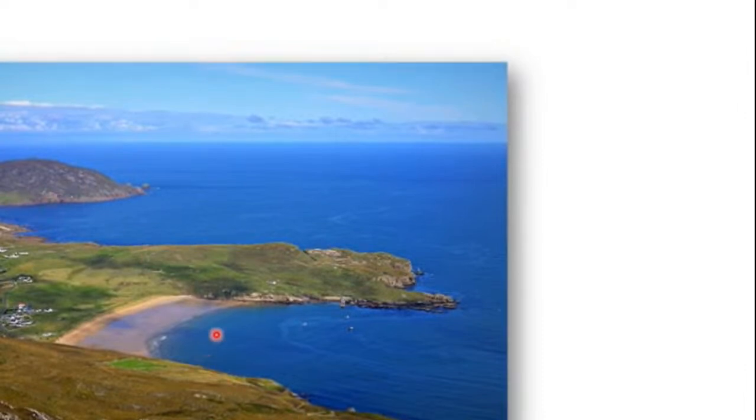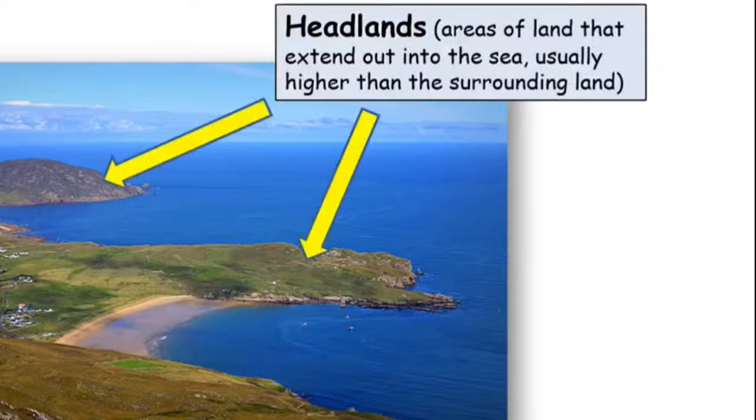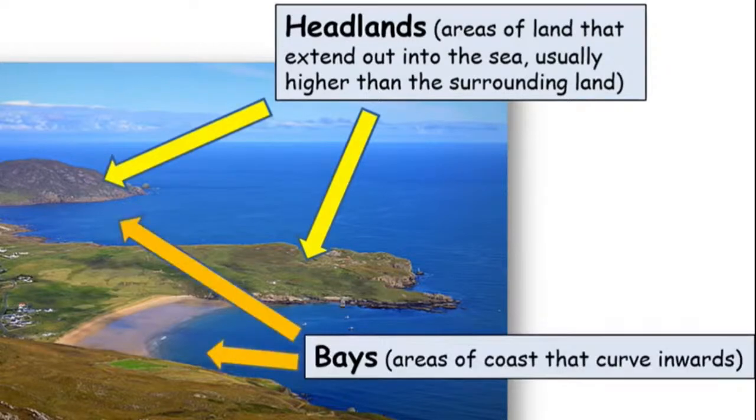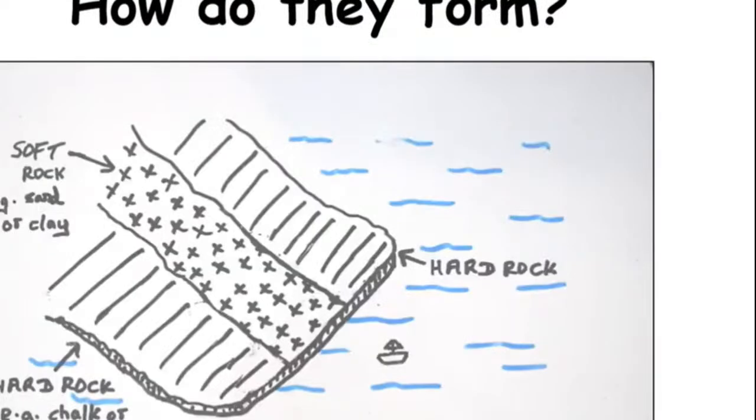So the projection in the middle is our headland, and the water extension to the land on either side gives us the bays. You can see the labels are there; those are headlands, and those are bays. These are common in most coastal areas of East Africa, and along lake shores.